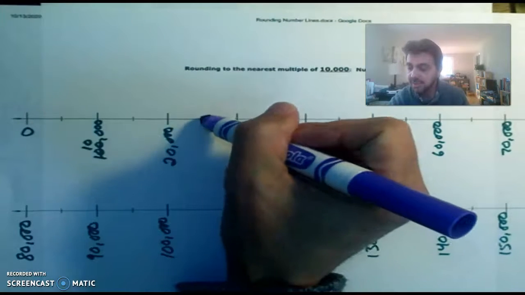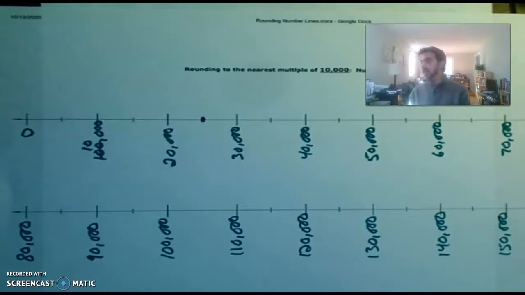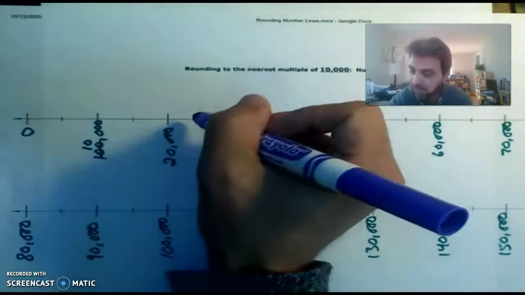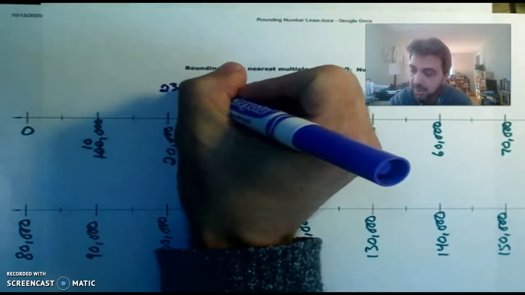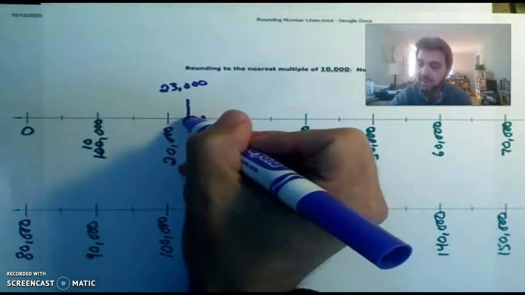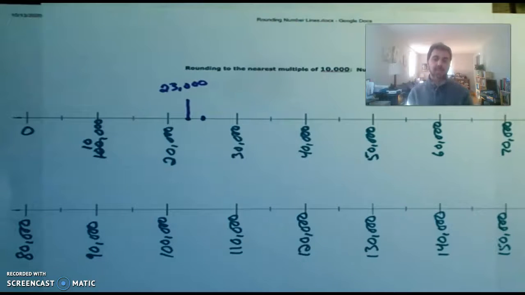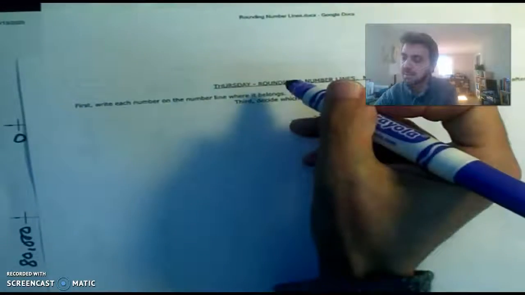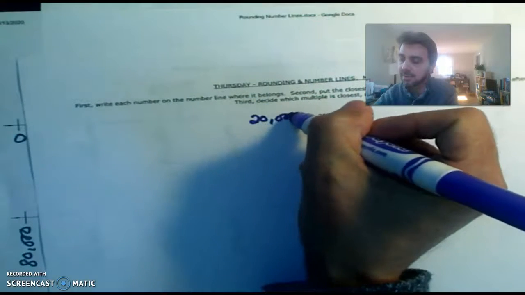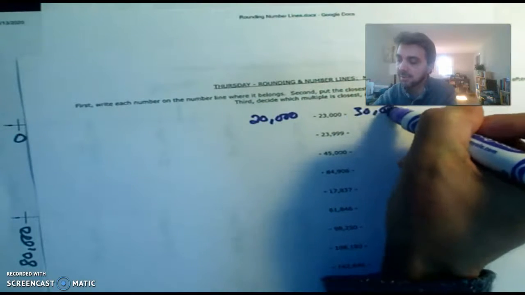So if this is 25,000, then 23,000 should go before it, right? Maybe like right there. You put 23,000 right about there. Okay? So as we've been doing, which multiples of 10,000 is 23,000 between? Well, it's clearly between 20,000 and 30,000. So I'm going to write down 20,000 and 30,000.